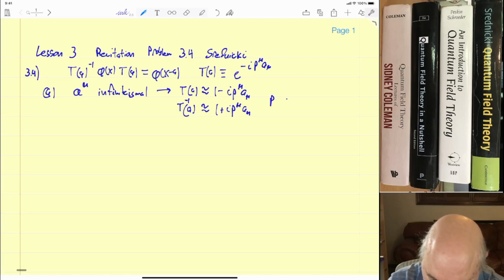And this is because P is a Hermitian operator and A is a real parameter. It's a translation in space.